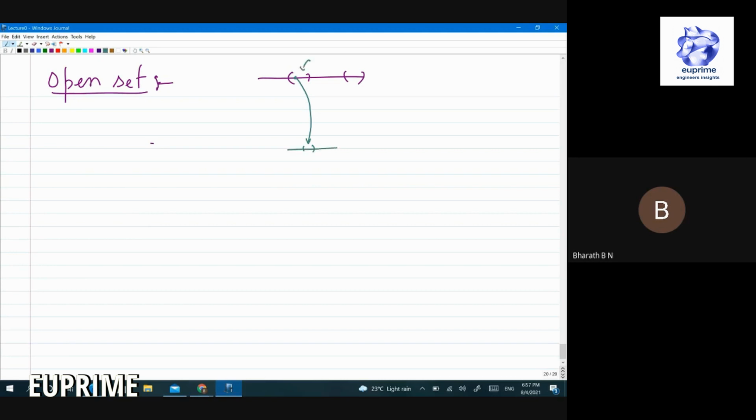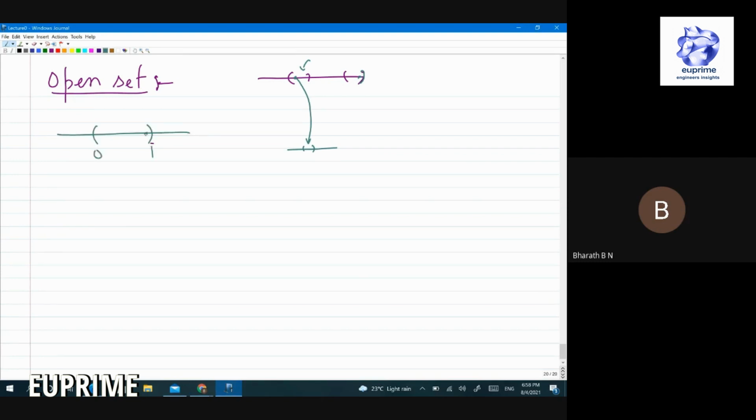You give me any point, maybe very close to this interval, very close to that open bracket. I can still put a small bracket around that, but within the big bracket. So that small interval lies within the set, no matter what. An open interval itself is one such example.